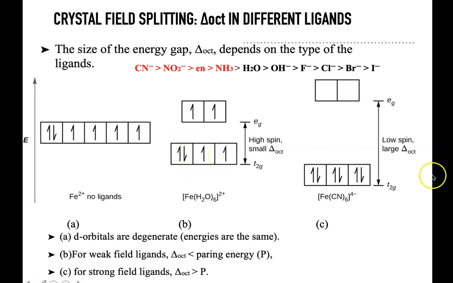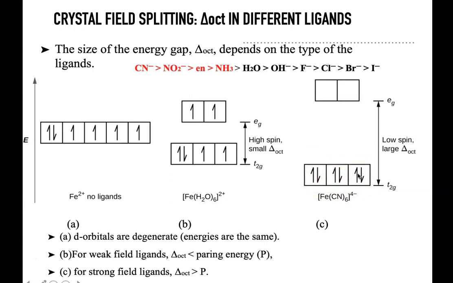But in the case of strong field ligands like CN negative, the cyanide ion, the energy difference is large. Now let's fill up 6 electrons in this situation. In the hexacyanoferrate ion, we have the first, second, and third.